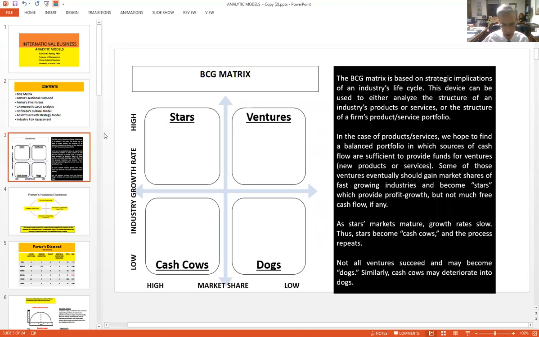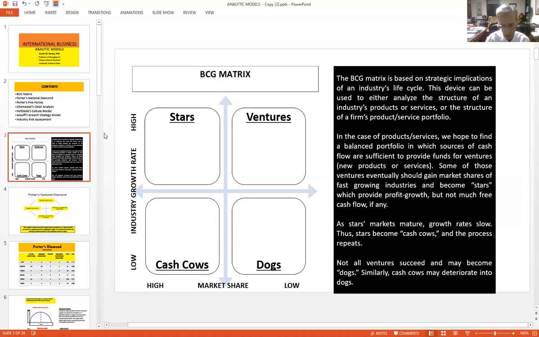The first is the BCG Matrix. That's not an international model. It certainly can be, and I think in my comments I'm going to explain how it can be used for international strategy analysis. But this model can be used to analyze the industries and or products where companies that do business only domestically operate.